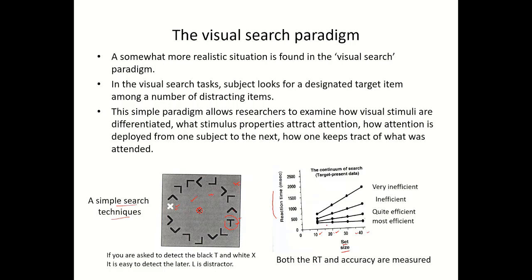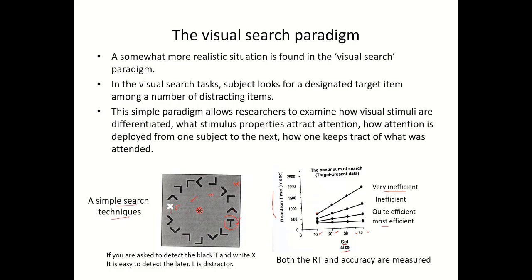If in presence of all different numbers of objects, the subject can detect quickly, that is most efficient. And this is very inefficient performance of the subject. And that efficiency of performance depends on the type of task you are giving.